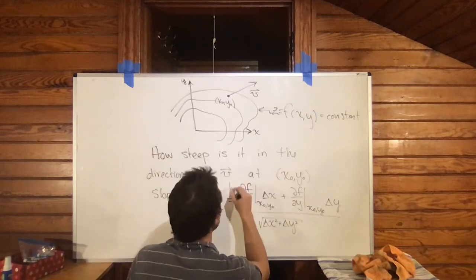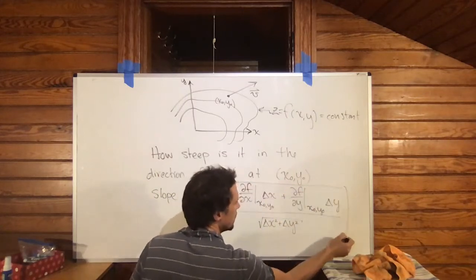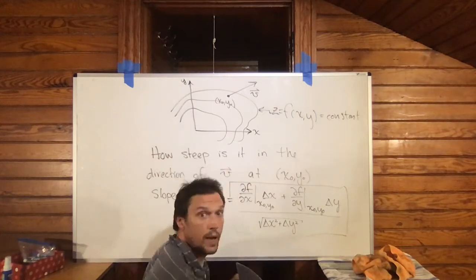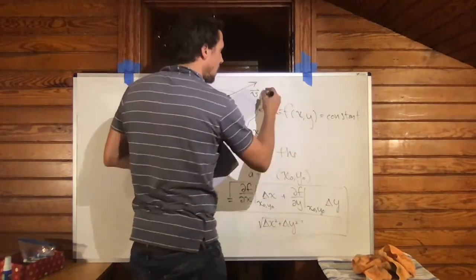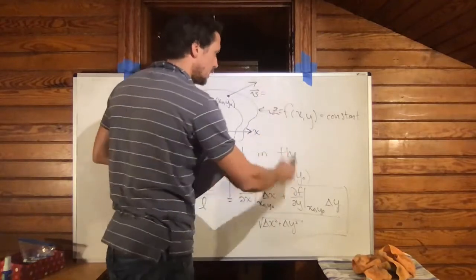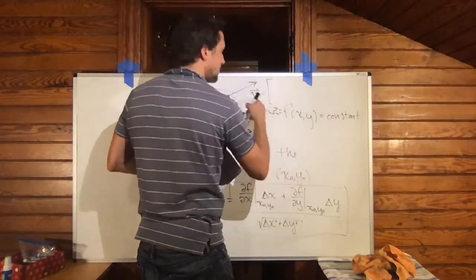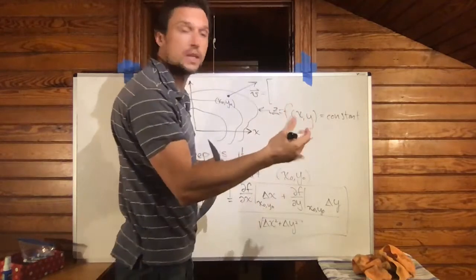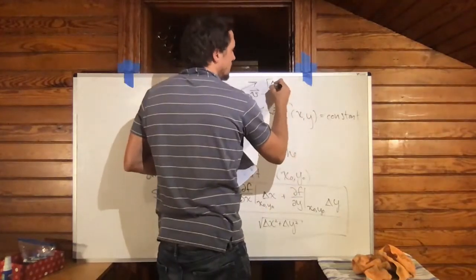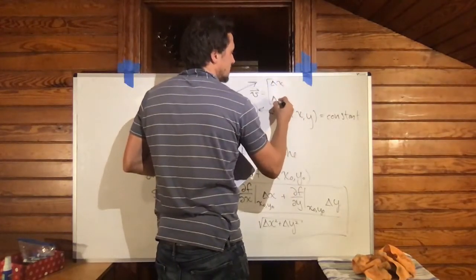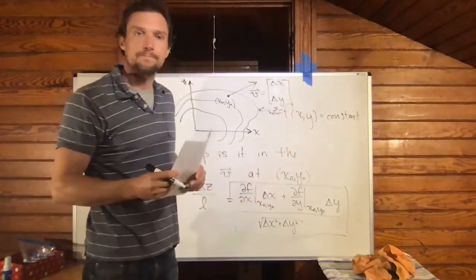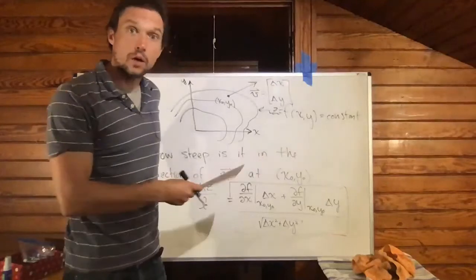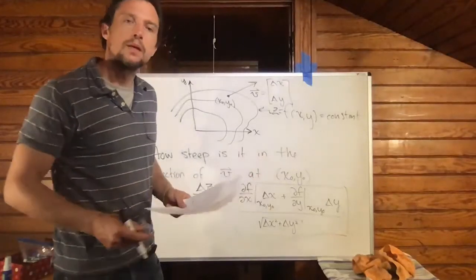Okay, and so this was the equation that I derived last time, where we're thinking about taking a step in the direction of v, so v is going to be delta x, delta y, or at least point in the same direction, okay? All right, so this is what we did last time.